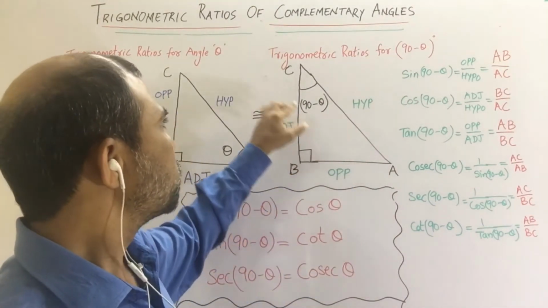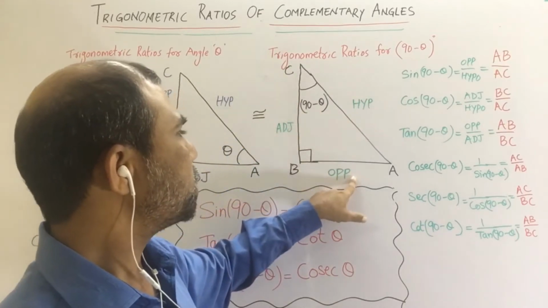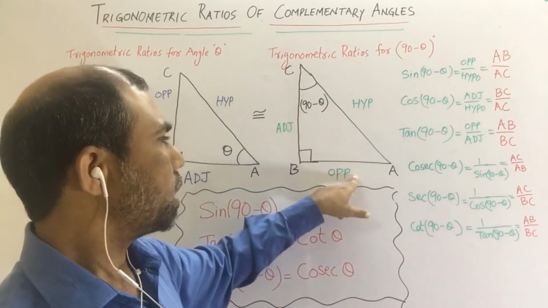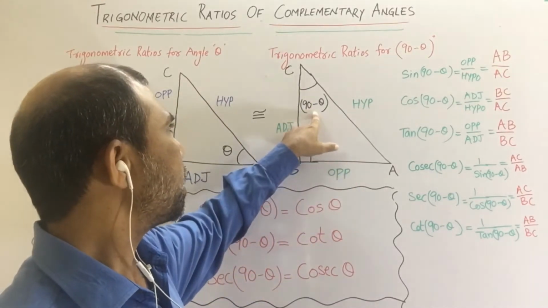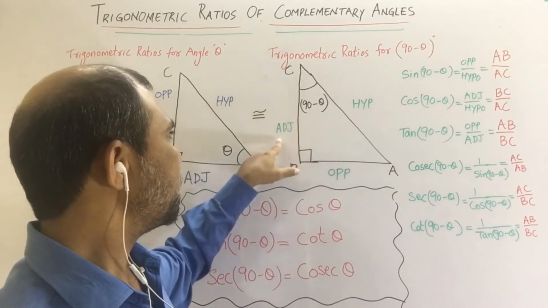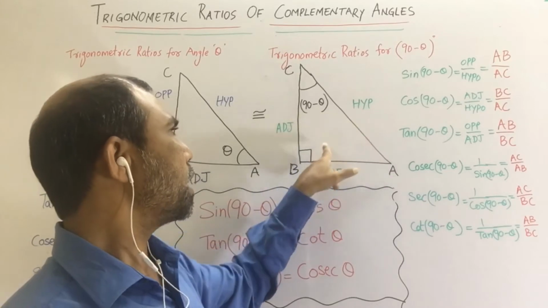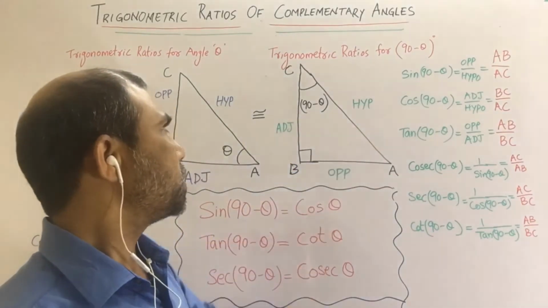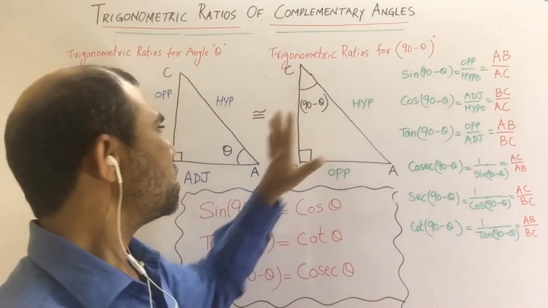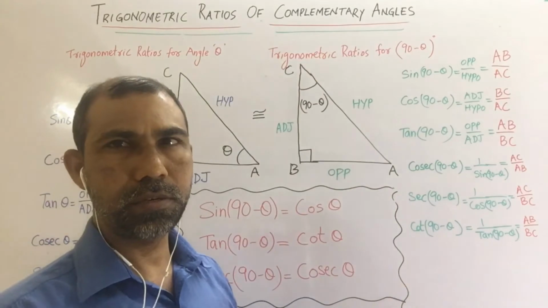So, for sin 90 minus theta, the side opposite to 90 minus theta is AB here, and the adjacent side to 90 minus theta is BC, and as usual the hypotenuse, which is opposite to the right angle, is AC here. So, the hypotenuse is not changing, but the adjacent and opposite sides are changed.